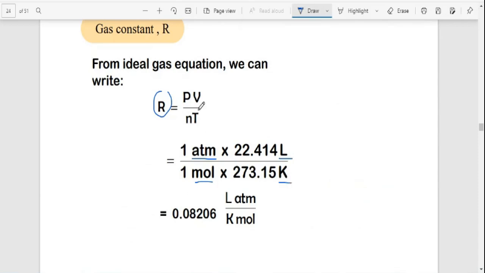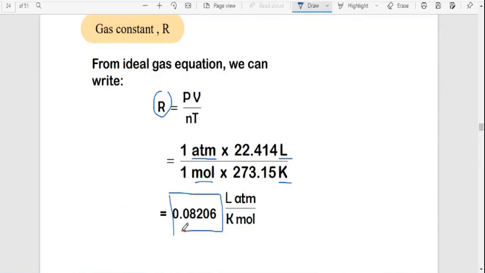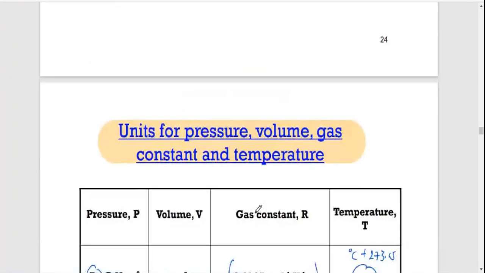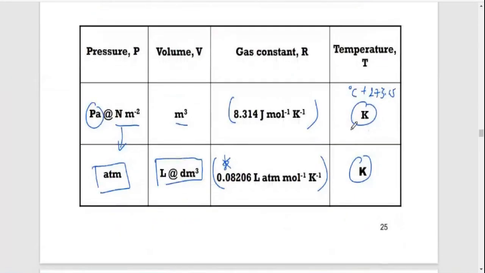So when you calculate, this is how the R constant value is obtained, based on 22.4 liters at standard temperature and pressure and this absolute temperature. So the unit for the R constant is liter ATM per Kelvin per mole. So this is what I explained just now.